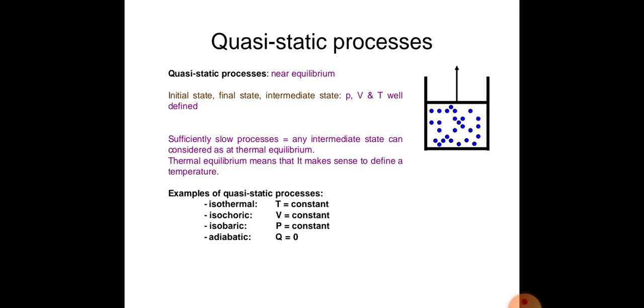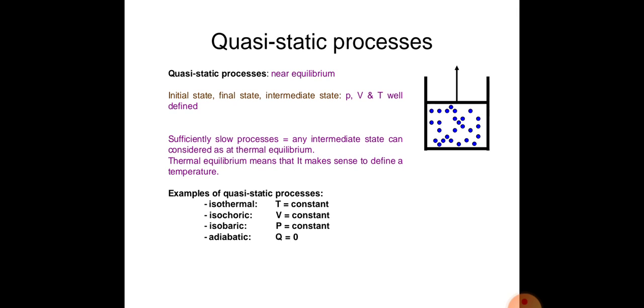A sufficiently slow process means any intermediate state can be considered as at thermal equilibrium. Thermal equilibrium means that it makes sense to define a temperature: throughout the system the temperature is uniform and also equal to the surrounding temperature when it is in thermal contact.